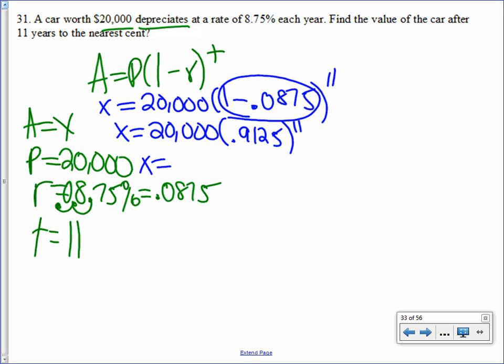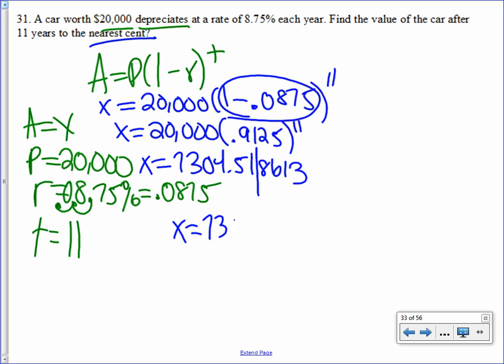When I type it in, I get 7304.518613. Now it wants the answer to the nearest cent. The nearest cent is 2 decimal places. I get 7304.52.